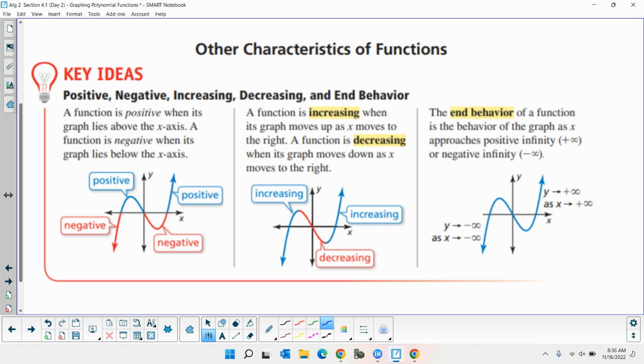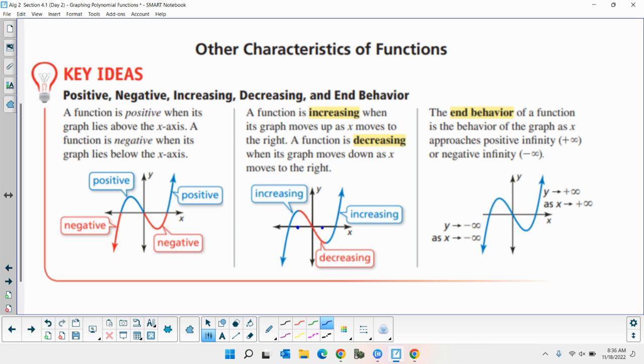Then it's decreasing, let's say from -2 to 2. That spot there is an x value of 2, and that spot there is negative 2. So it's decreasing, going down left to right, from an x value of negative 2 to positive 2, let's say. And then it starts going up again from positive 2 to positive infinity.